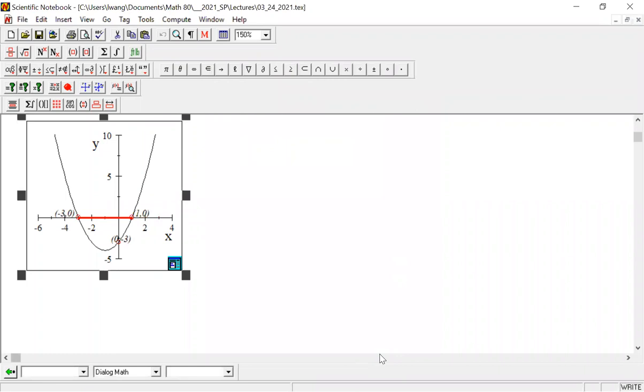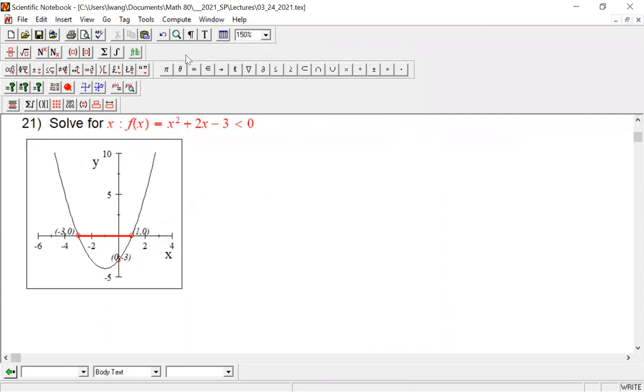That's number 21, right? And how about number 22 then? So let's look at the solution. Does everybody follow me? The solution would be -3 less than x less than 1. Okay, just these. Number 22.